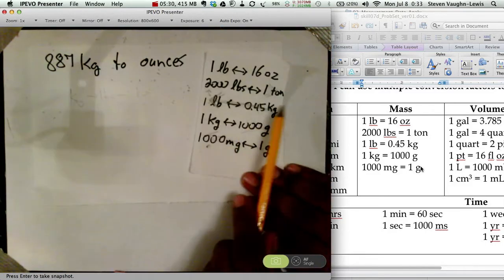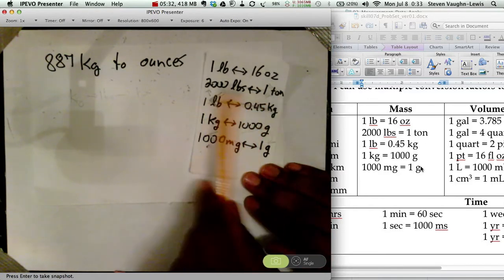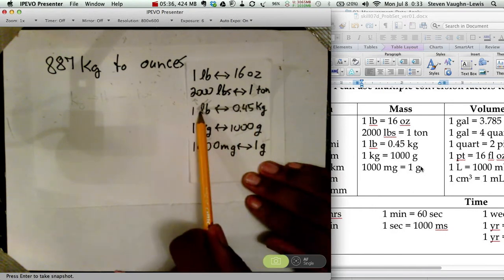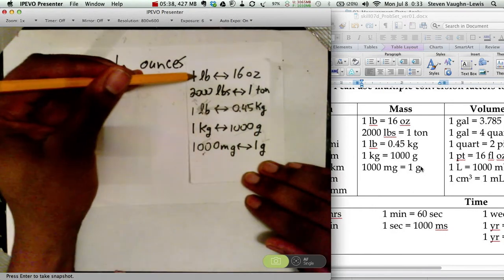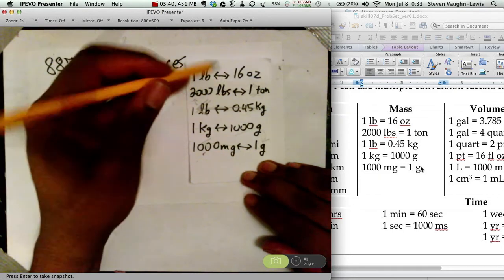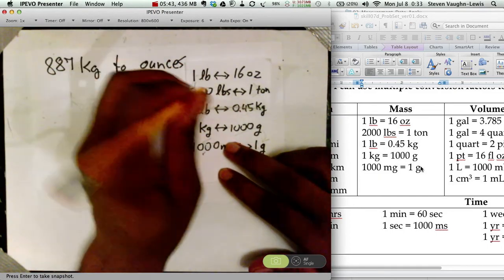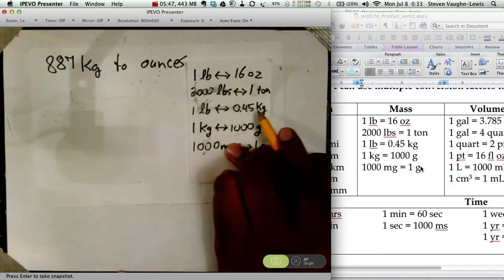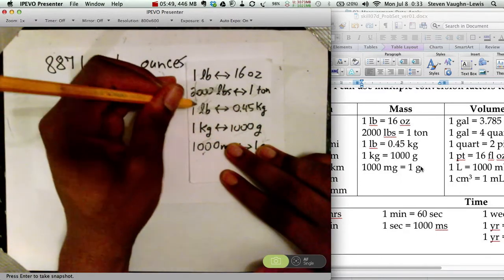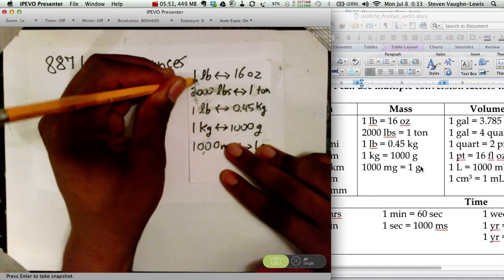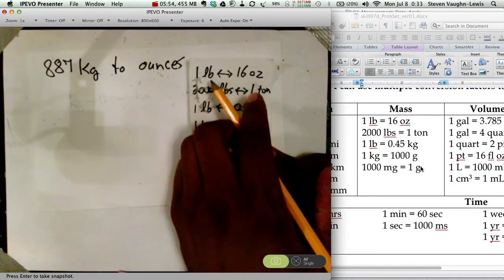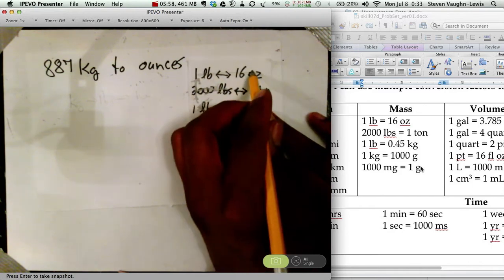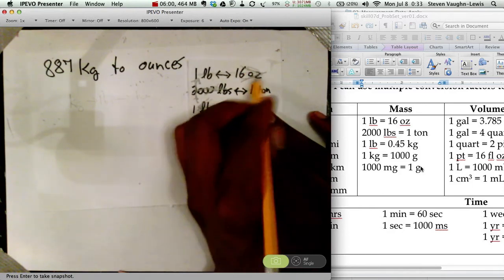Kilograms to pounds to tons didn't really work out, but if I do kilograms to pounds and I look up here, I've got pounds up here also. So let's skip to 2,000 because the 2,000 pounds led to a dead end. We're going to go from kilograms to pounds, and jump up here to this pound right here. Now where is this going to take me? This is going to take me to ounces.